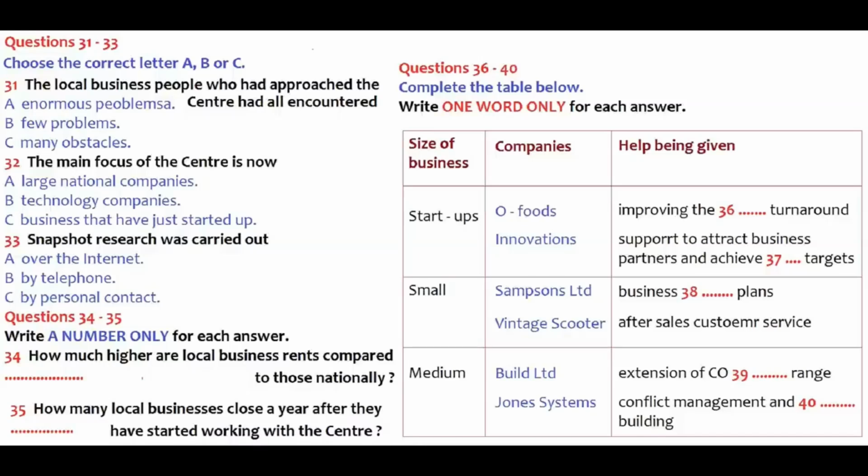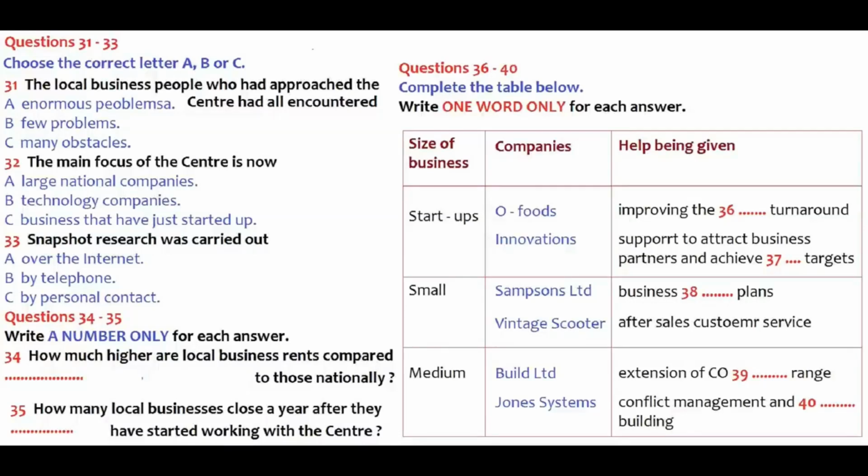The first of the 2 medium-sized companies that the scheme is monitoring is Build Limited, which employs 47 people. A comparison of their products and services with other businesses in the area is being carried out by a researcher who is trying to support them in their efforts to extend the company's product range.